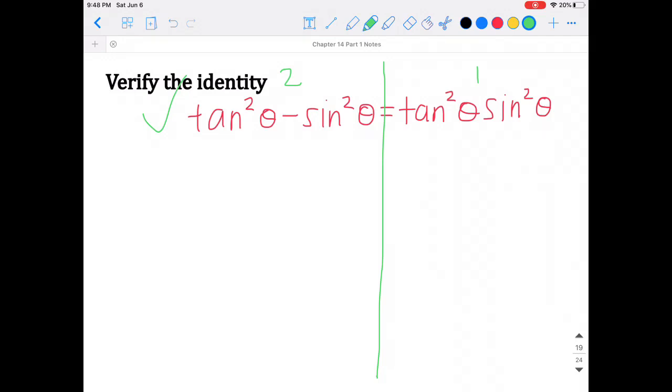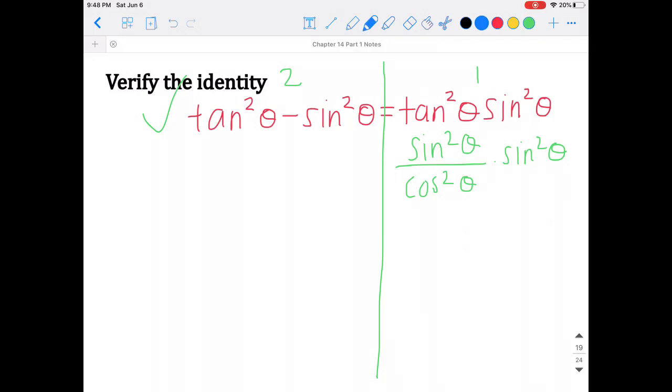So after we decide which side we're going to work with, then we need to set up our goal. So our goal, we have tan squared theta times sine squared theta, which is also the same as saying sine squared theta over cosine squared theta times sine squared theta. So our second to last step, we should hit our goal. Now let's start to simplify.